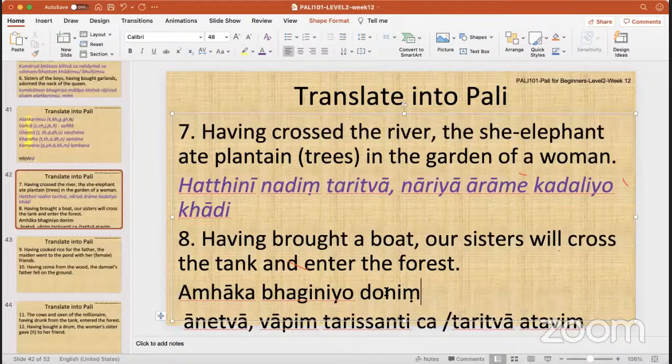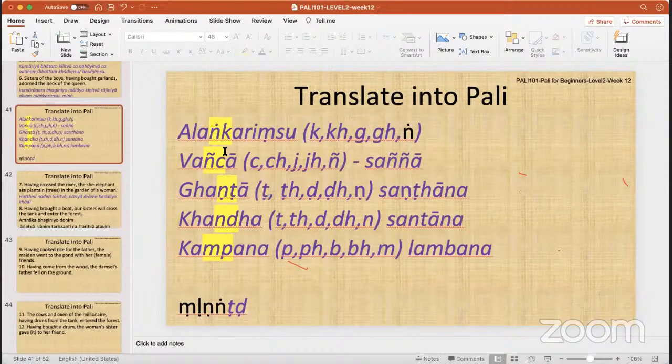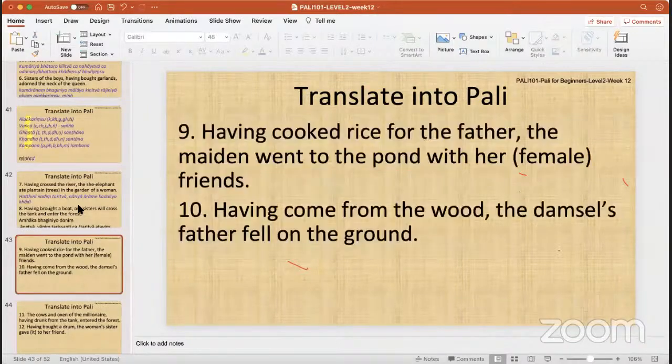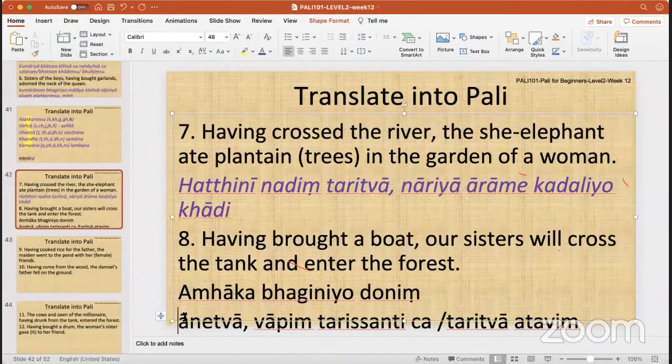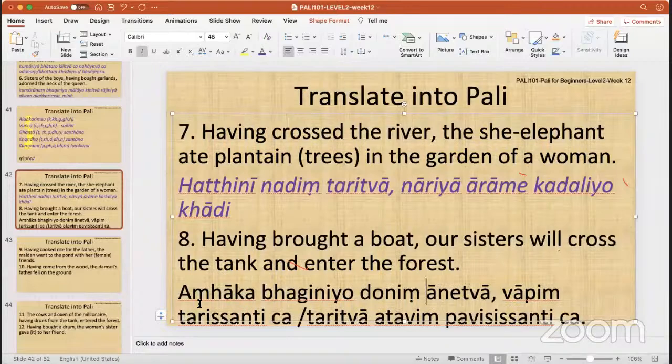Actually, the rule we were talking about applies in the middle of the word. No, I'm not talking about the rule, I think donim is D-O-N with the dot. That's not applying here because there is no ang sound.